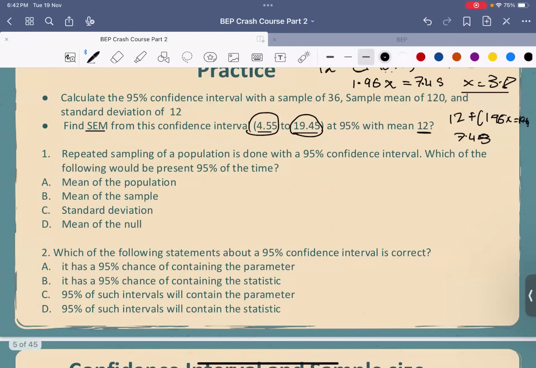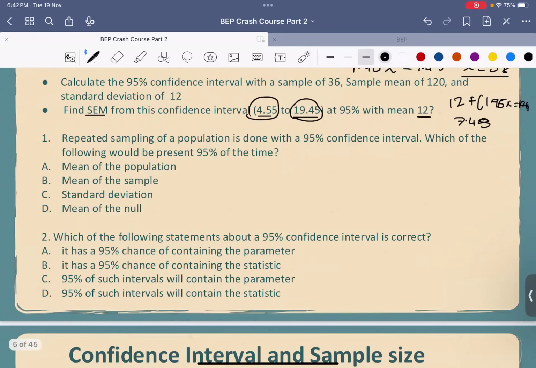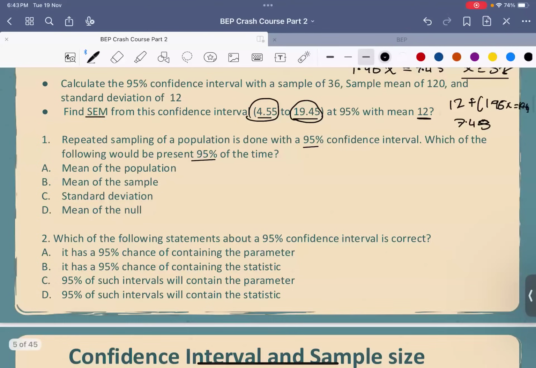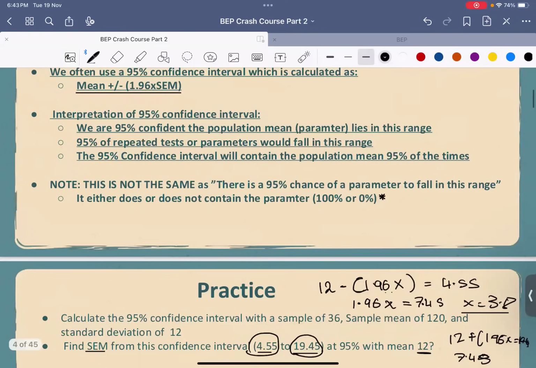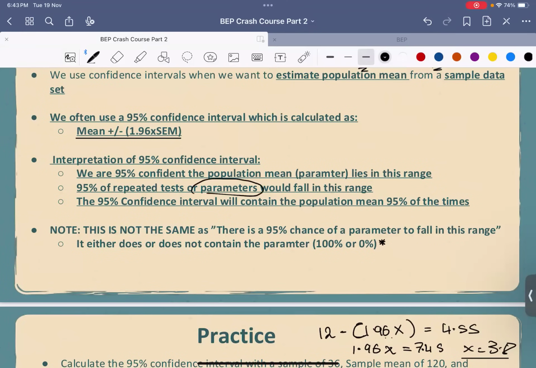Now let's answer this. Please answer this question before I say the answer. Repeated sampling of a population is done with a 95% confidence interval. Which of the following would be present 95% of the time? So answer yourself. The mean of the population, because we're saying that the parameter 95% of the time will fall in this range.